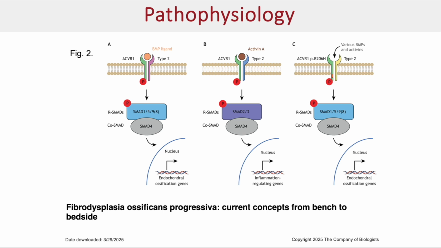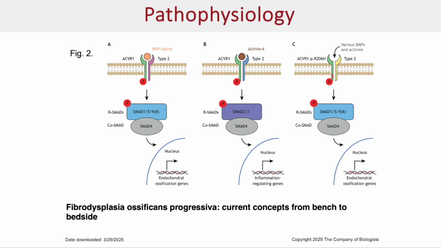But once a person has this variant, it is possible that it could be passed on to future generations. There's a genetic mechanism called autosomal dominant inheritance, where if a parent carries a gene change, there's a 50-50 chance of passing it on to a child.